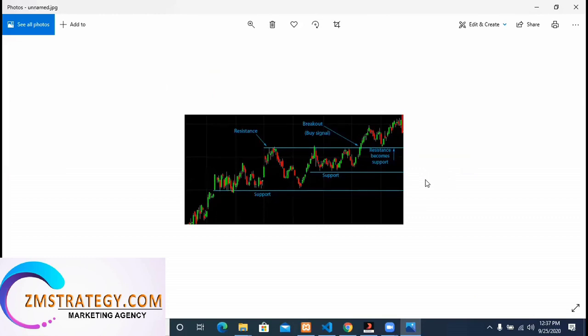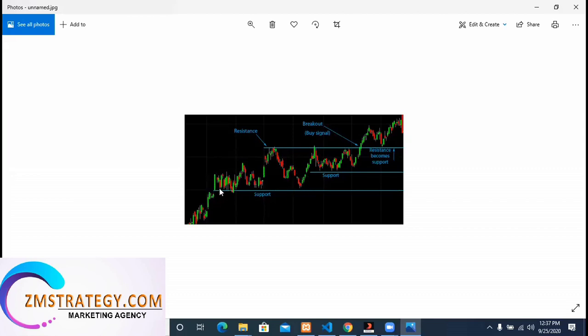If the market gets to your resistance line, it's either the market will break your resistance line and start going towards a buy, or it will get to where your resistance line is and have a reversal. In this particular case, the market was unable to break the resistance line. That's why it had a reversal. It started coming down.